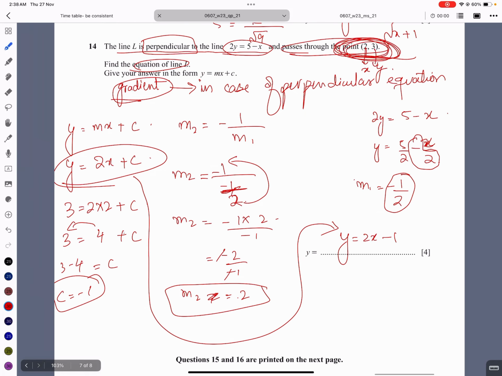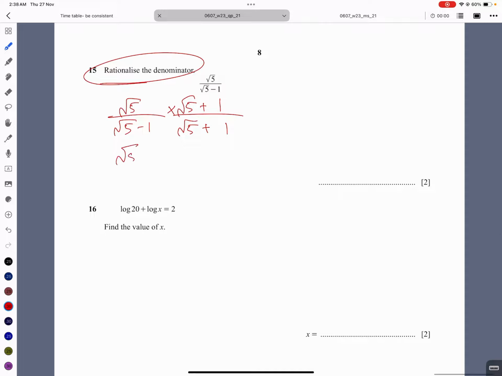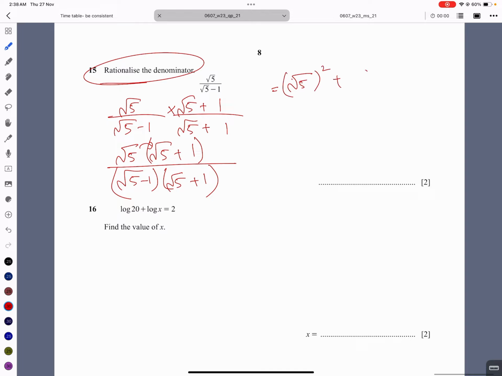Okay, next is rationalize the denominator. When you rationalize the denominator, you will just invert the sign, then never cancel it, that is wrong. Multiply numerator with numerator and denominator with denominator. So this will multiply with this, it will become 5 square plus under root 5, and this will become the formula of a square minus b square.